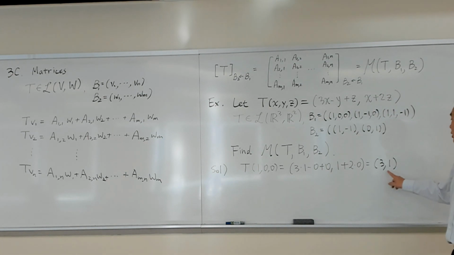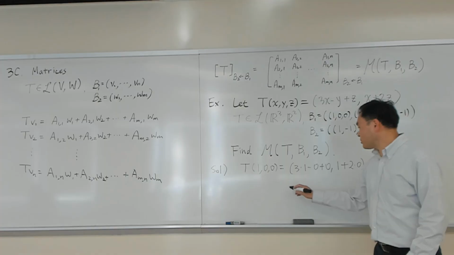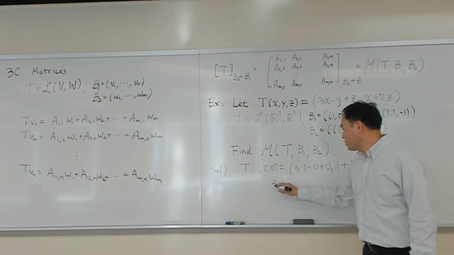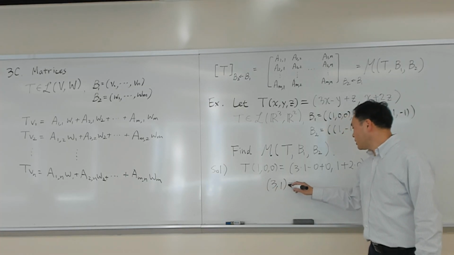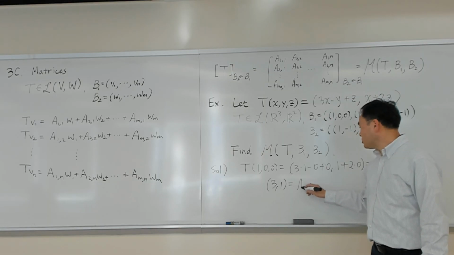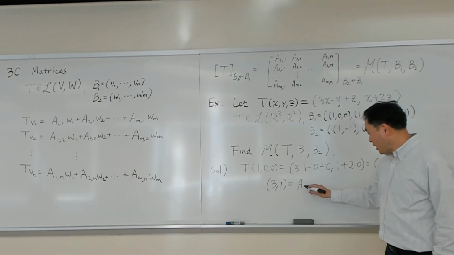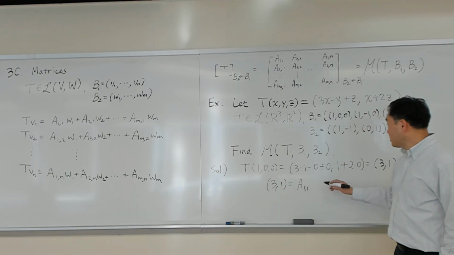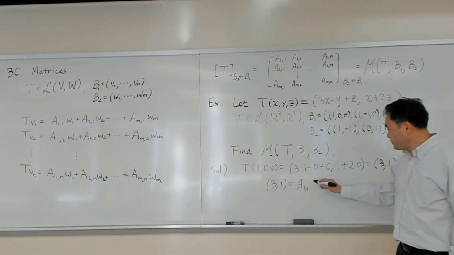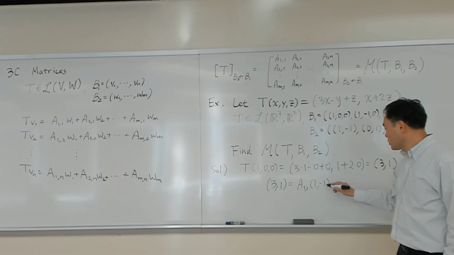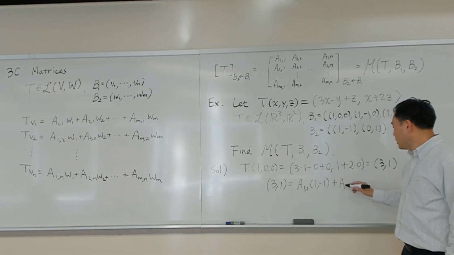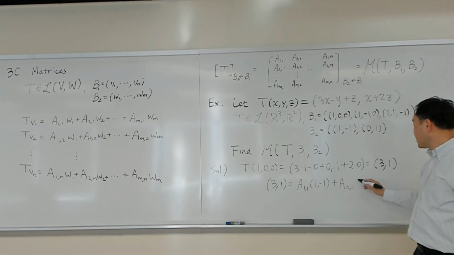Okay, now we need to rewrite (3, 1) as something times, so let me use the same notation as there. So A11 times W1, which is this guy, plus A21 times the second guy, which is (0, 1).